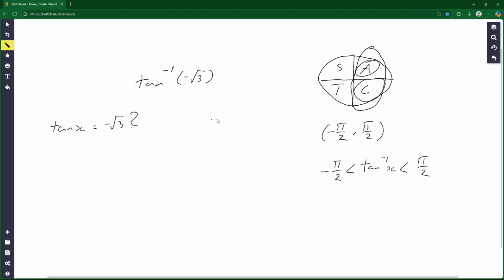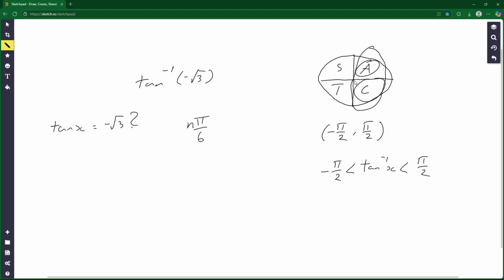If you look at your unit circle down here, anything that is n pi over 6 that is not in the first or third quadrant is going to be negative.